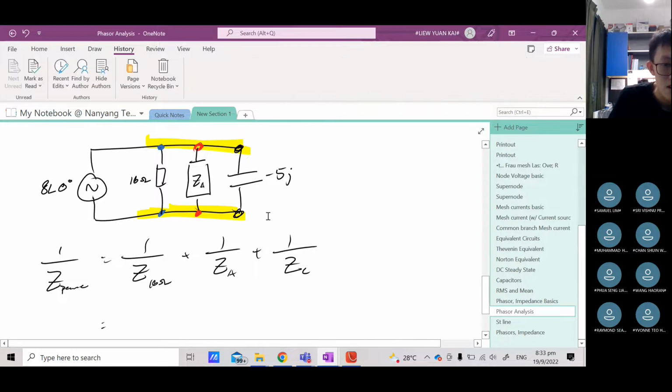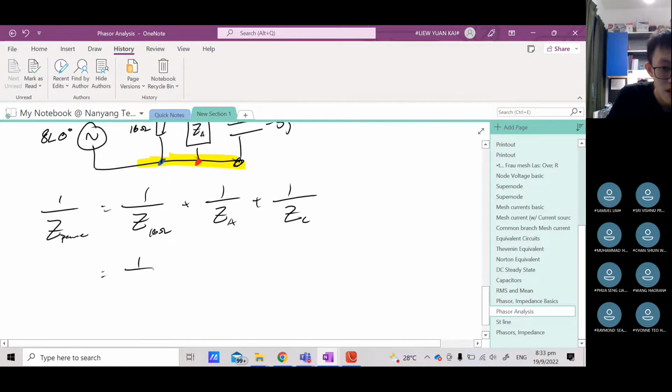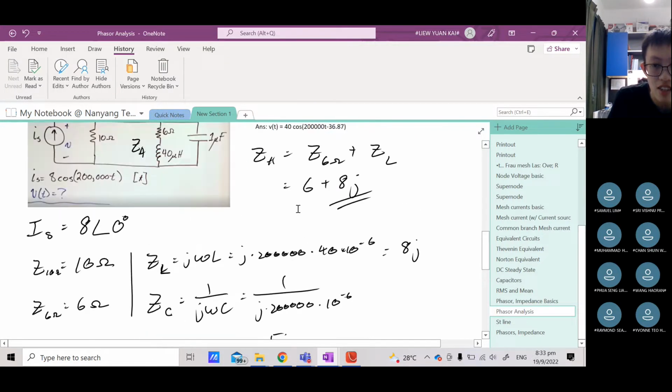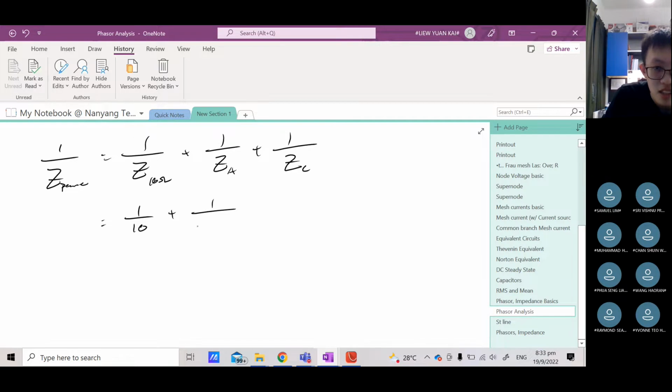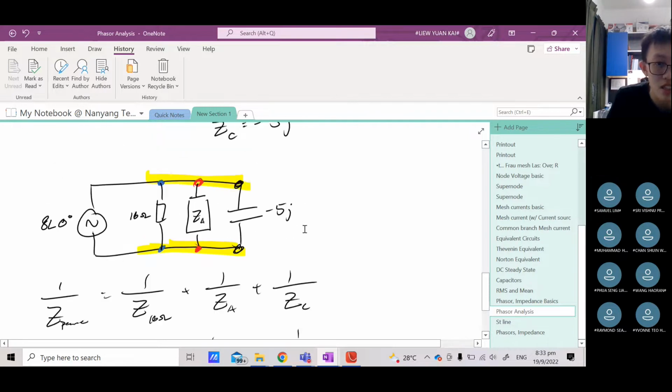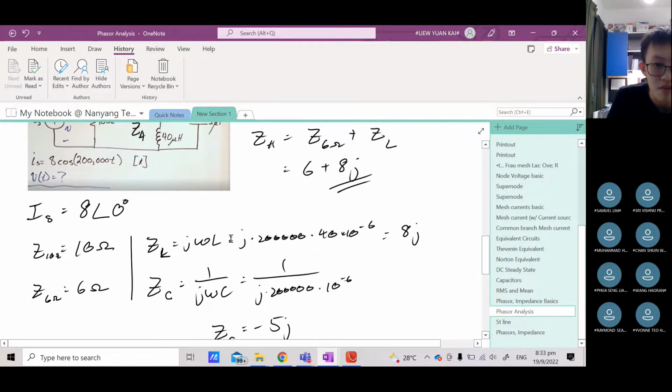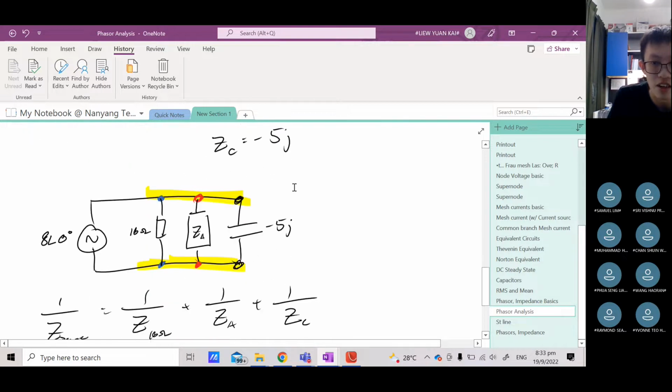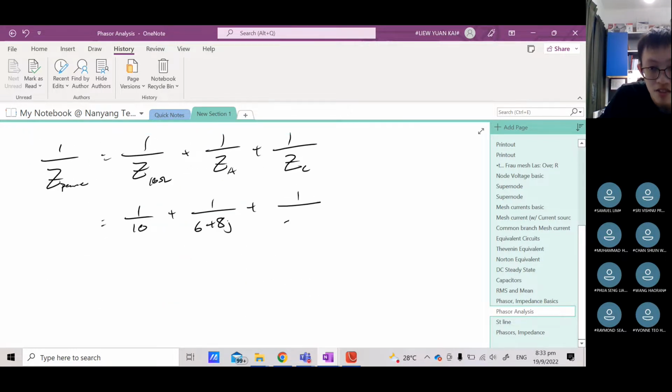Then this is 1 over 10 plus 1 over, now what's our ZA? ZA is 6 plus 8j. 6 plus 8j plus 1 over ZC. ZC is negative 5j.